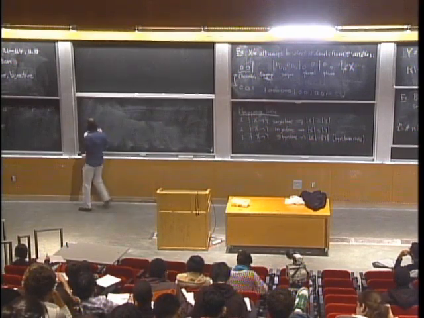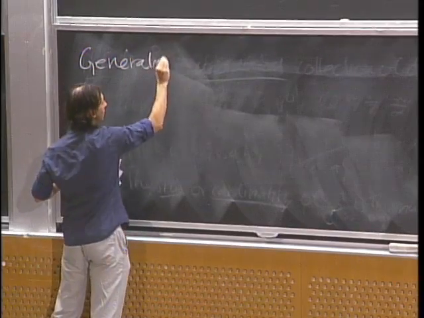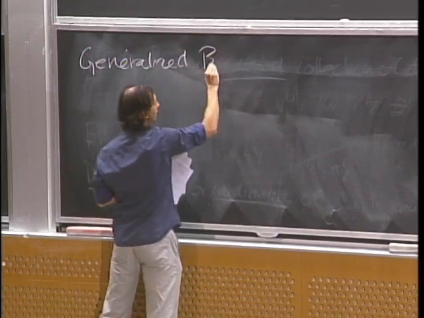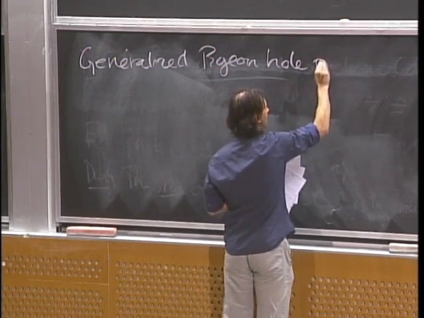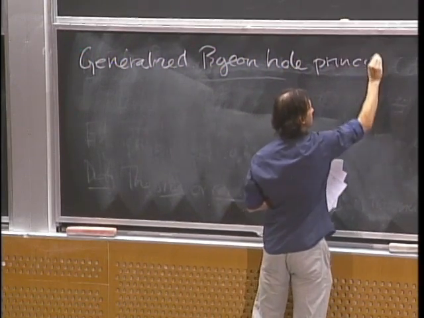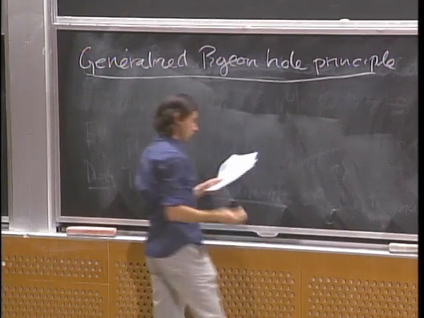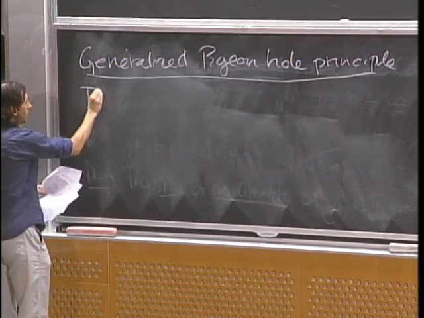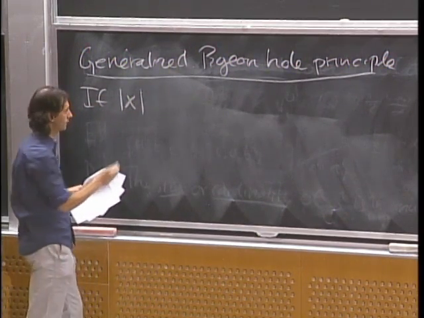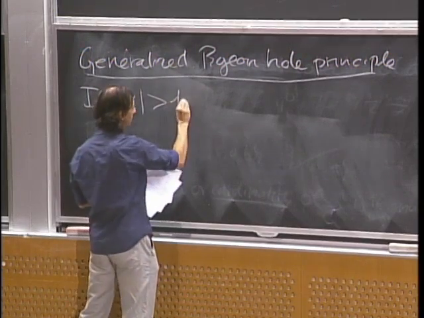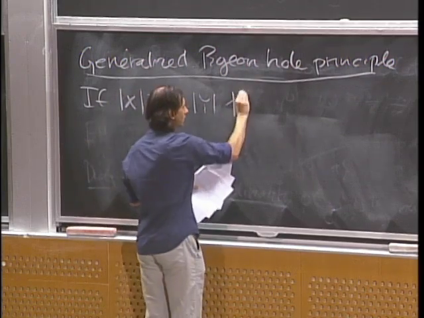So what about the generalized pigeonhole principle? This is actually the following counting argument. If I know that the cardinality of a set X is more than k times the cardinality of a set Y, what do I know?